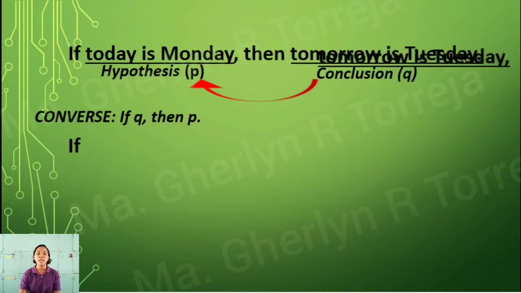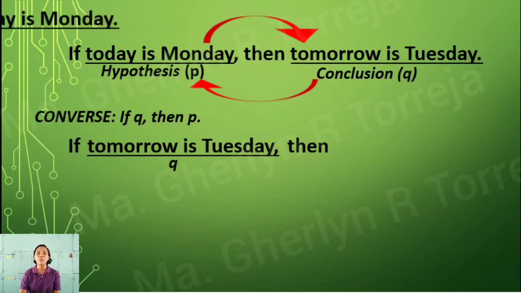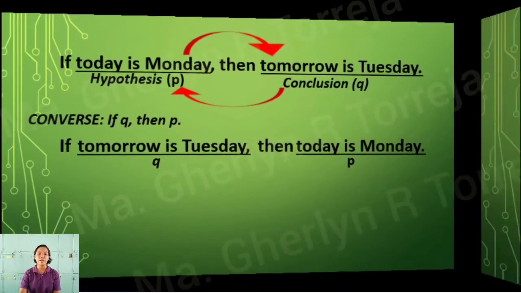So magiging if tomorrow is Tuesday, yun ang ating Q. Then, okay, so ang today is Monday, mapupunta sa hulihan. Then today is Monday is our P. Therefore, our converse statement is if tomorrow is Tuesday, then today is Monday. Nasundan po ba? Okay, proceed na tayo sa next.